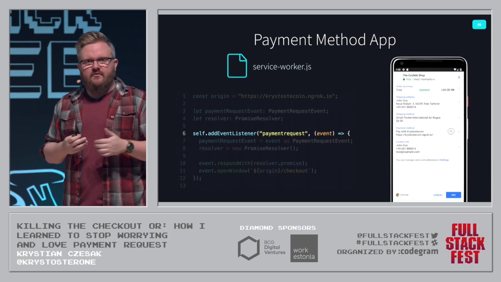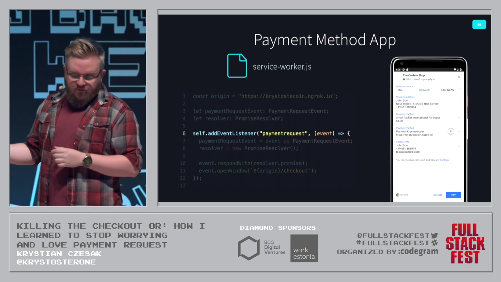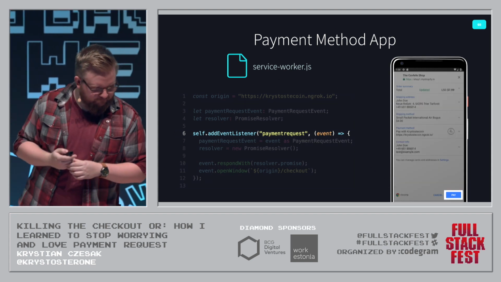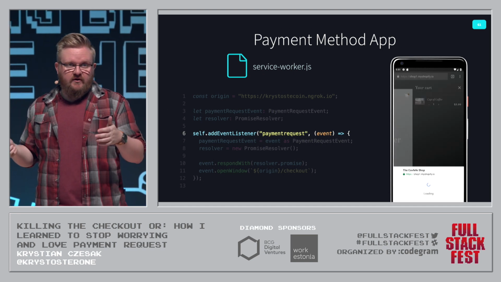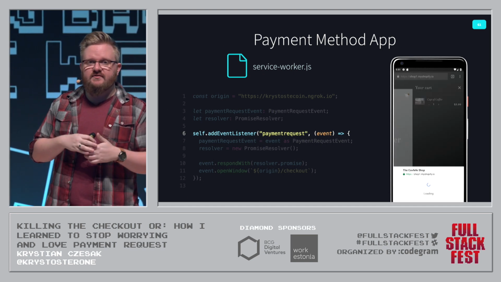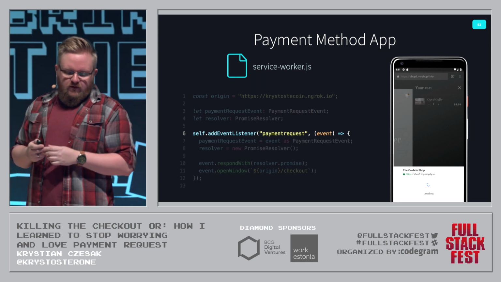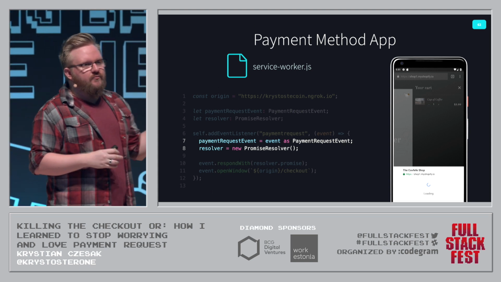So we have this event listener on PaymentRequest, and this actually gets triggered when the user clicks pay in the PaymentRequest UI as such. There you go. Once that gets triggered, the PaymentRequest UI changes to a pending state. And it's up to you to resolve that pending state. Now, to be able to do that, first what we want to do is just keep in memory the event we got back.